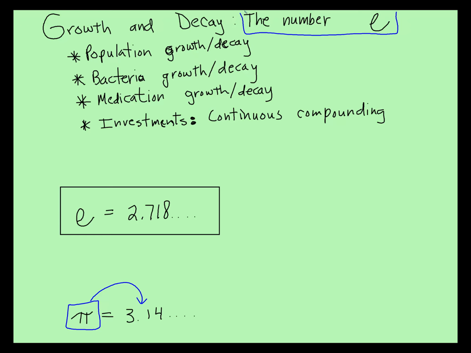So a long time ago, as mathematicians were studying population growth, bacteria growth, even probably investments, they noticed that there was a relationship, a proportional constant, and they got it down to this number right here, and it's an irrational number.